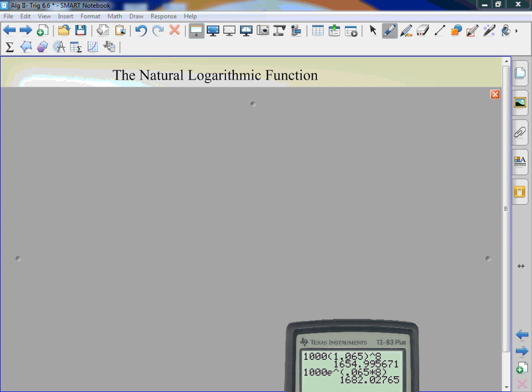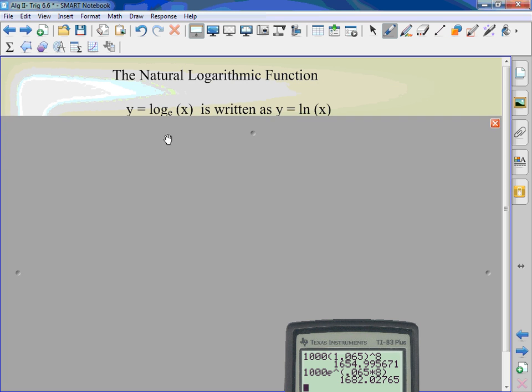The natural logarithm function. If I were to find log base e of x, that is the same thing as ln of x. Log base e just means ln, the natural logarithm.